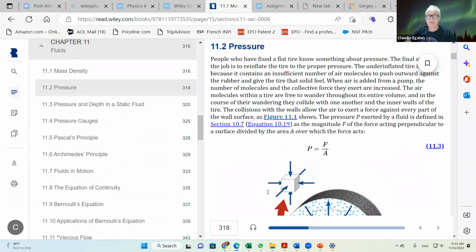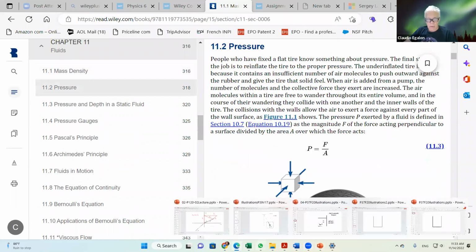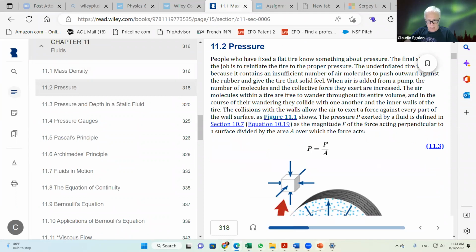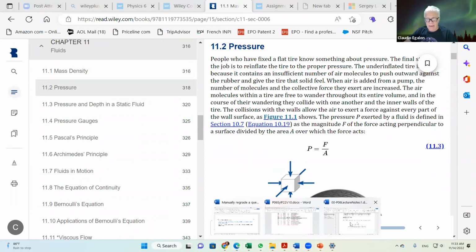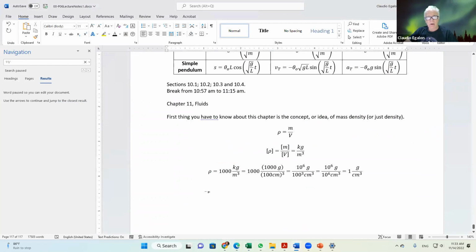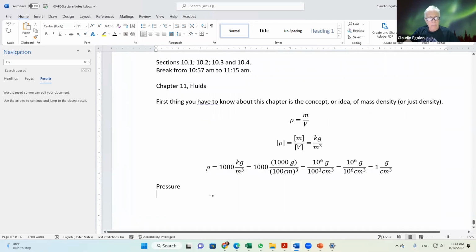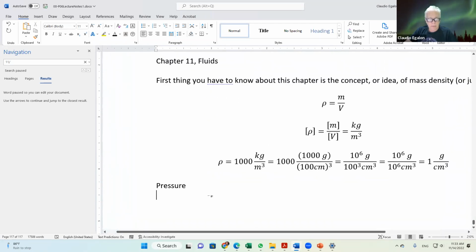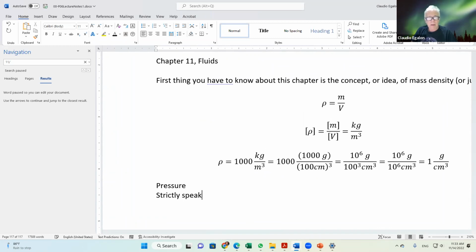Pressure, okay, you have to know the idea of pressure. Let's talk about the idea of pressure. It's a little bit more complex than the idea of density, okay? Strictly speaking, that's how we define pressure, so you can understand exactly what it is.